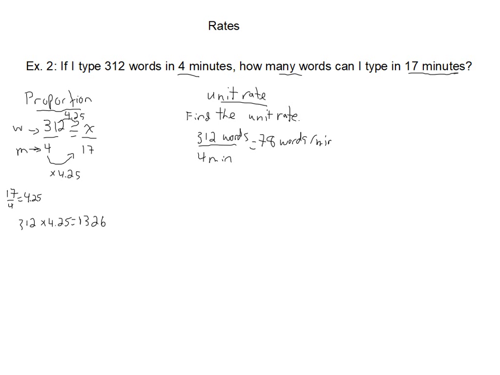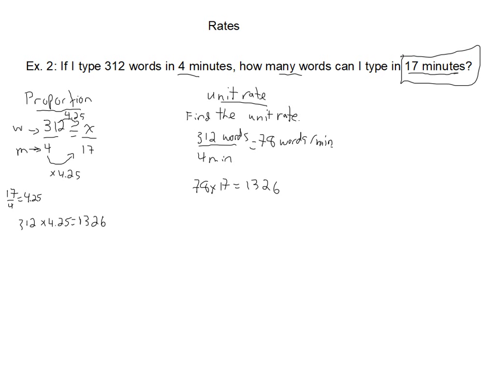Once we've done that step, we've figured out how many words per minute, and we know for sure that we want to go for 17 minutes. So in order to figure out the total number of words we type, 78 multiplied by 17, and we get 1,326 words.